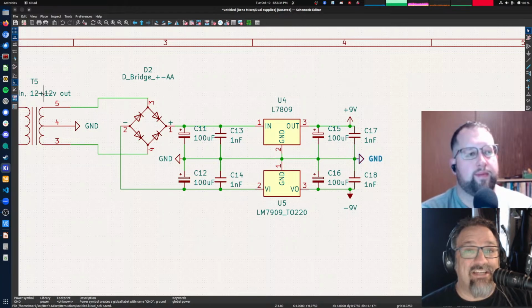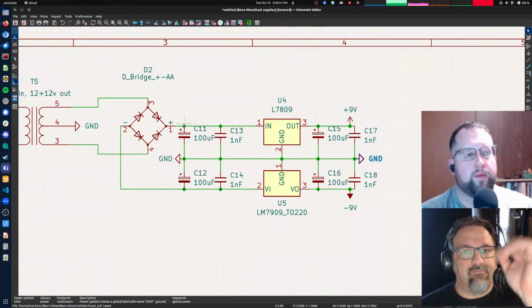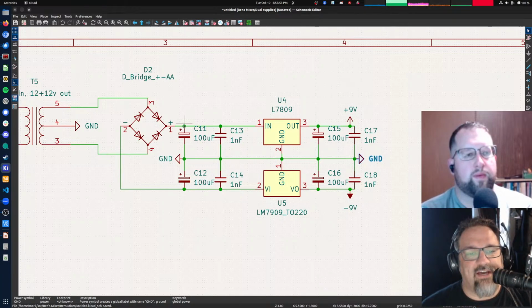It's actually closer to 18 volts because that 12 volt is RMS, and this is going to be the peak voltage of that RMS, which ends up being somewhere between 17 and 18 volts. So you actually end up with about 17 volts here, with about a volt plus or minus of warble at the top.